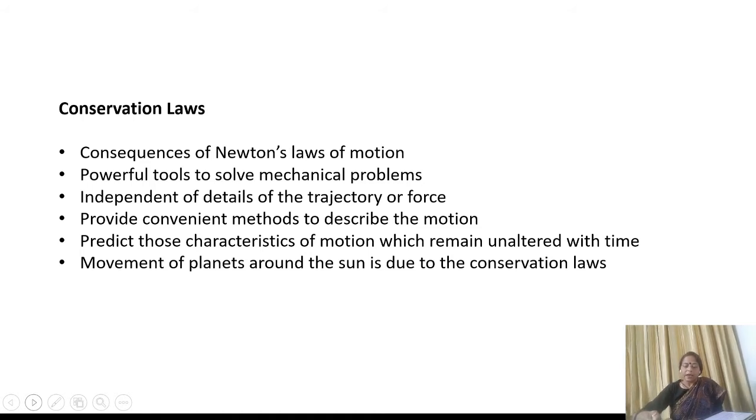And this is the beauty of conservation law, that the planets move in their orbit. It is again because of conservation law.